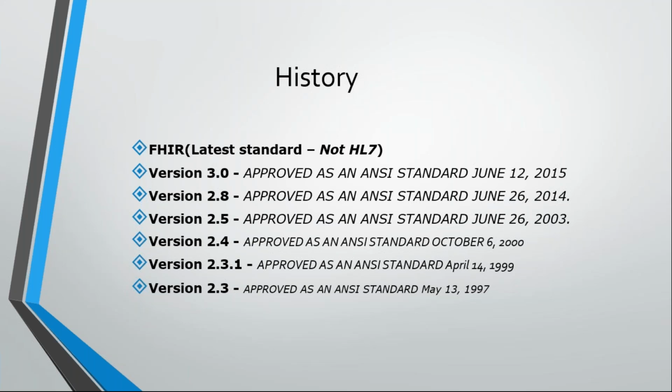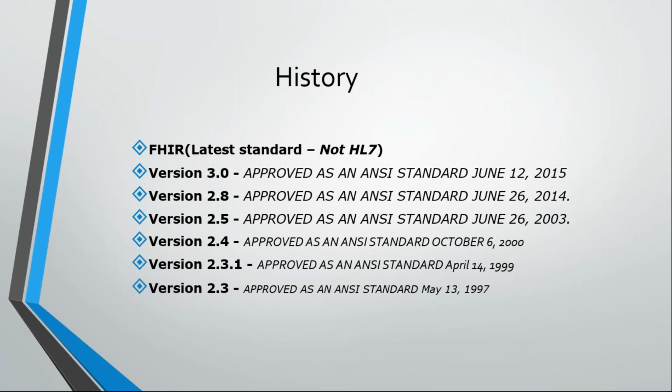Now, FHIR was introduced in 2016 around that time. FHIR stands for Fast Health Interoperability Resources. Another question that comes up is about FHIR and HL7. FHIR again has a different architecture altogether.